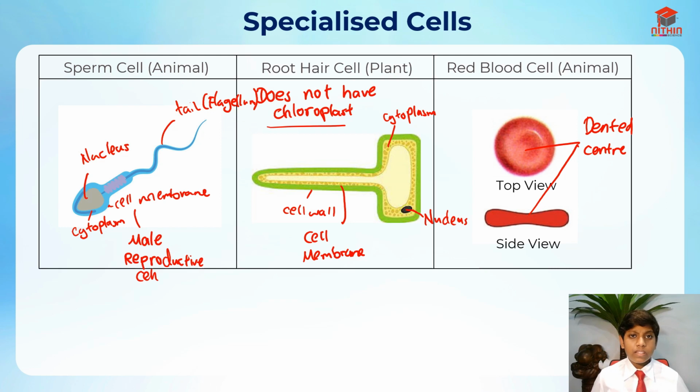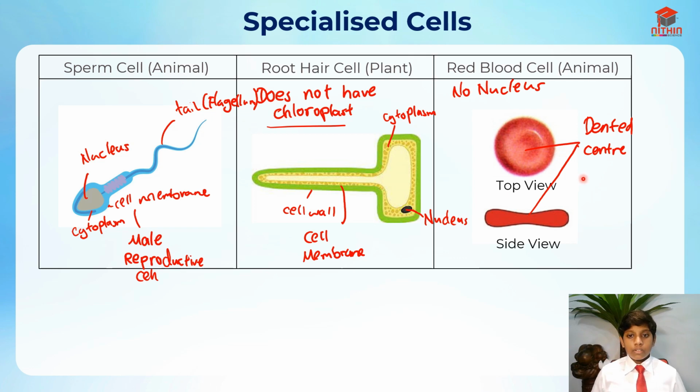And the red blood cell is also special because it does not have a nucleus. This is so that it has more space in order to carry the oxygen and carbon dioxide into our body and out of our body. So that it has more space, and this dented center is also so that it has more space.